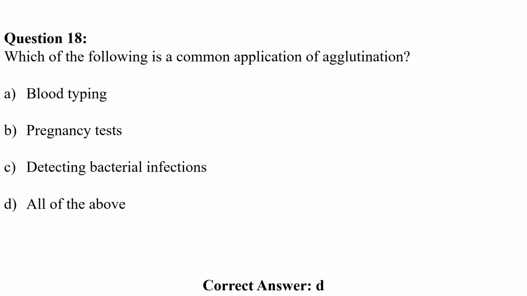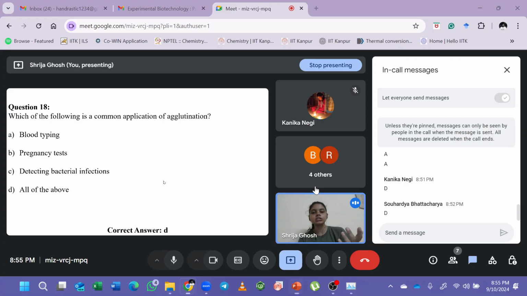Other than that, we had pregnancy tests, right? If you have ever seen a pregnancy test kit, a photo or a video, you put a drop of urine sample and then you get a color. That color is also an antibody antigen reaction.